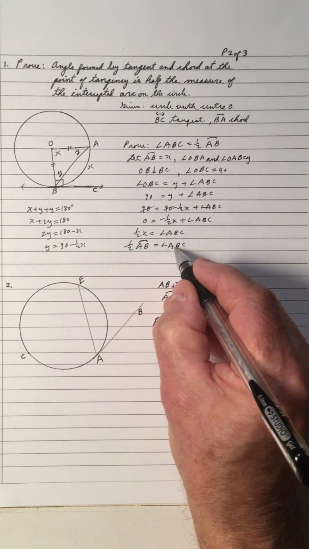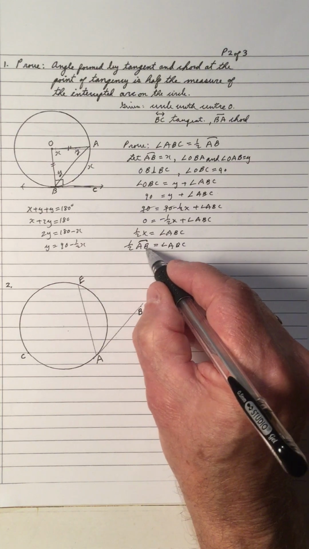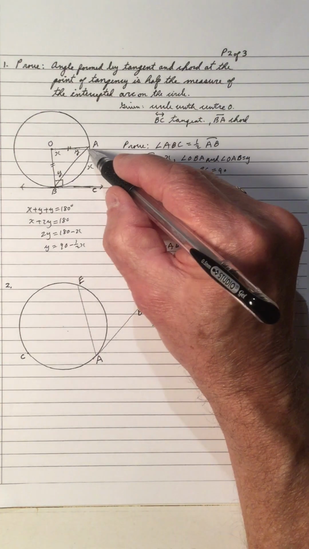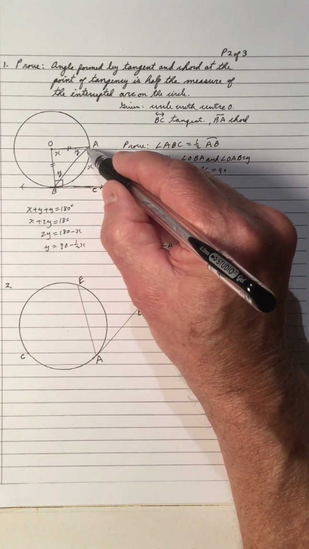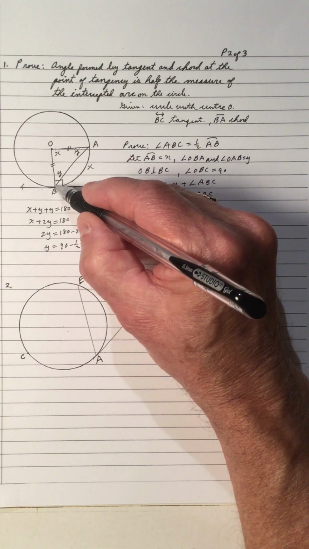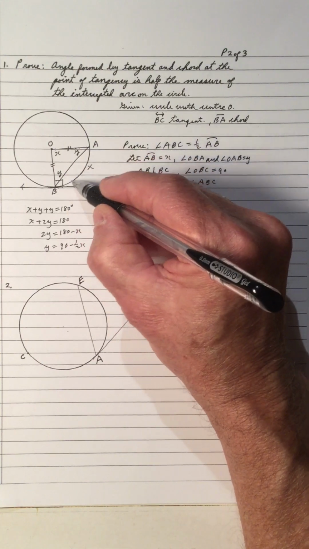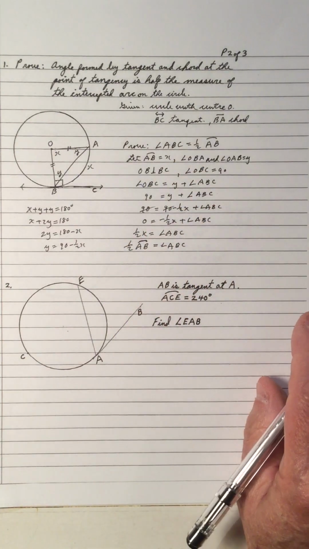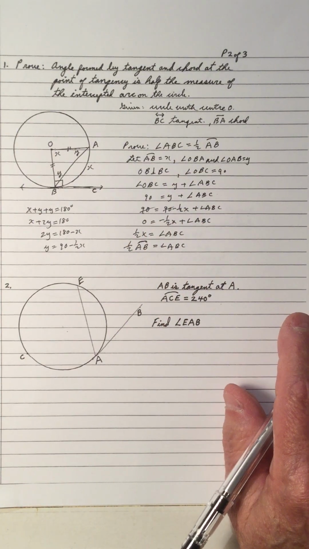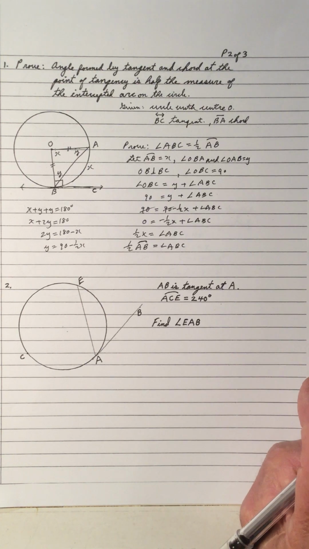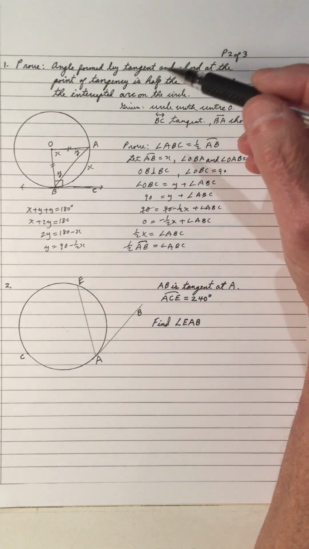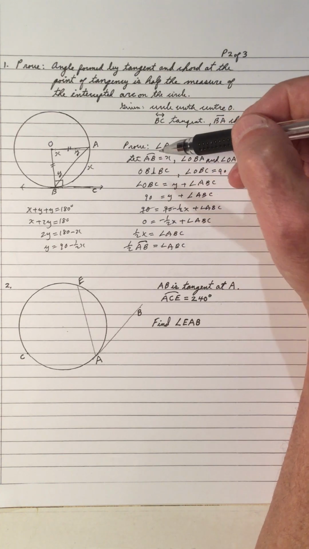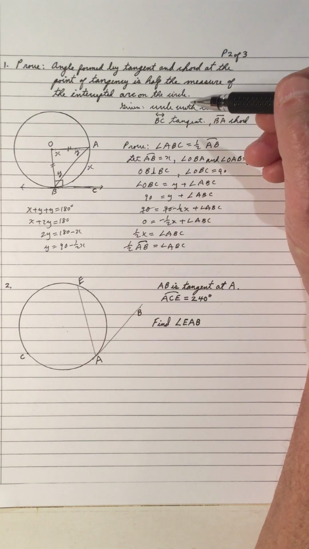So we have the angle ABC is half of the intercepted arc. So just a little proof. The angle formed by the tangent and the chord is half the intercepted arc it cuts off. Even though I started out saying tangent chord property, I'm proving this statement first, and I'm going to use it to make the tangent chord property a little bit easier to do.